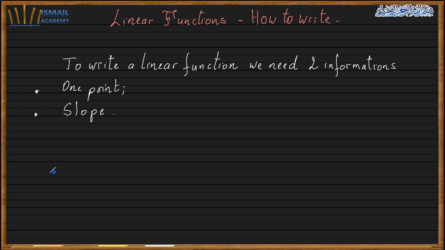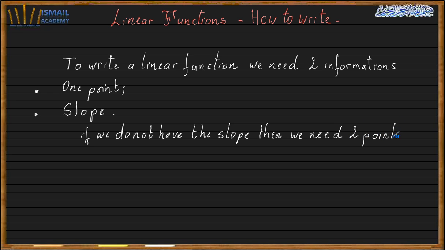But sometimes, if we do not have the slope, then we need 2 points. The reason is because we already learned how to find the slope using 2 points.